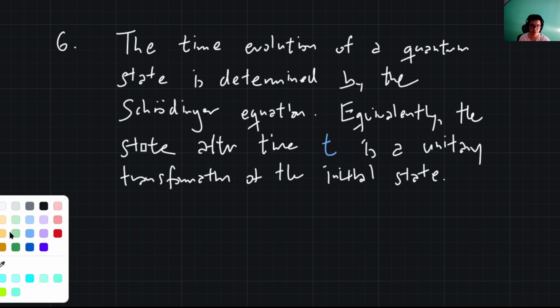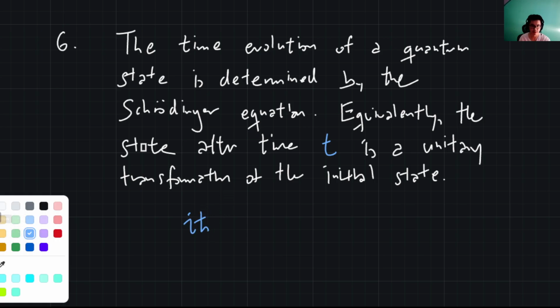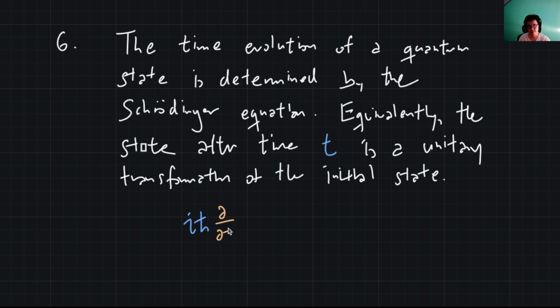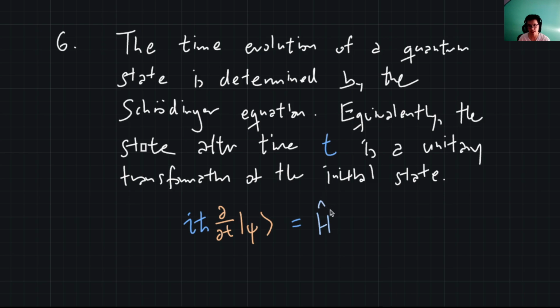So these are the two equivalent equations. So imaginary unit times reduced Planck constant times the derivative of the system is equal to the Hamiltonian operator acting on the system, where the Hamiltonian also has to be Hermitian.